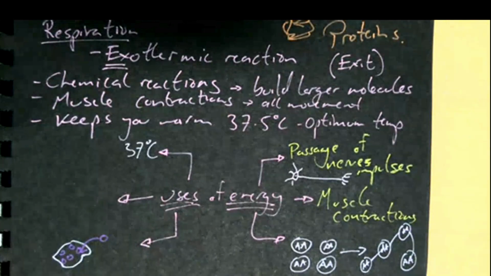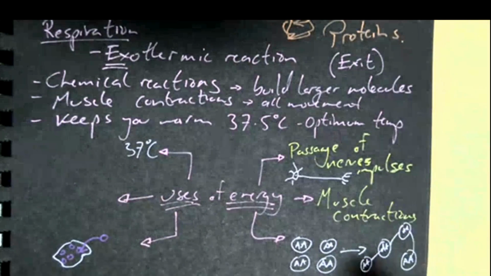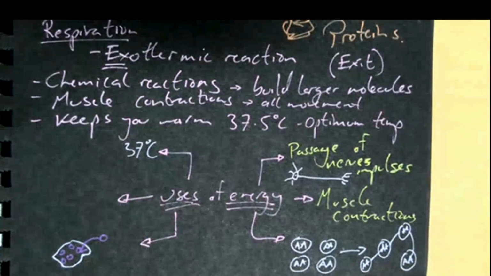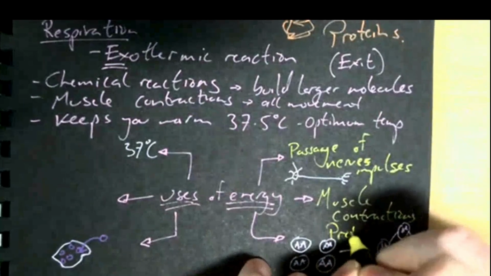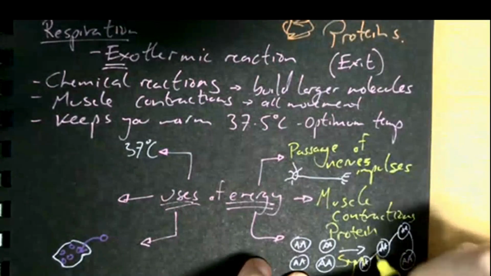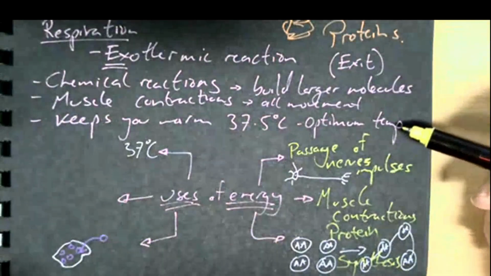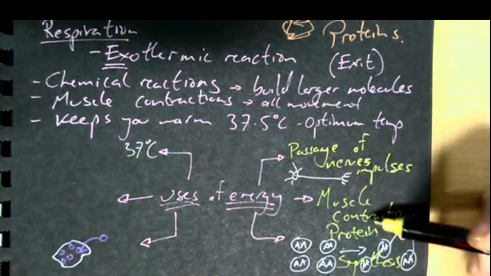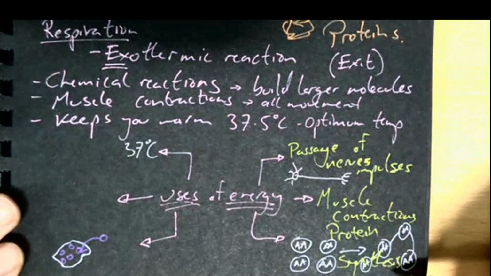You break it down into the constituent amino acids, and then you rebuild it into your own human muscle protein. And we call that, it's a lovely word, protein synthesis. Protein synthesis.